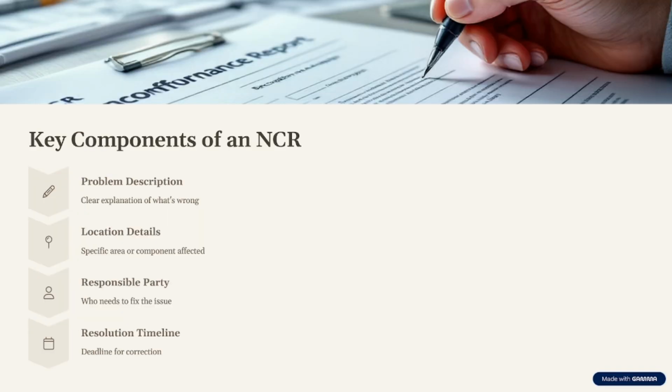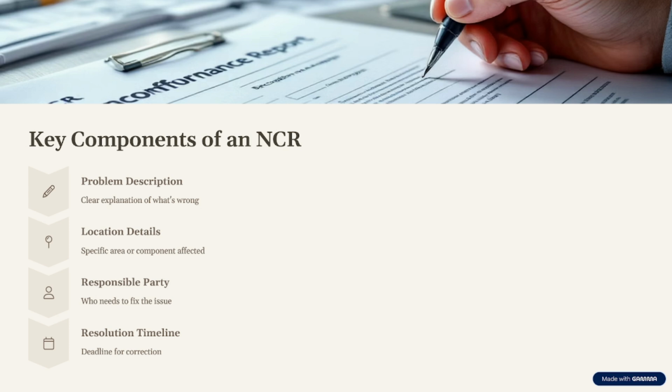The key components of an NCR. Problem description: a clear explanation of what is wrong. Whenever you have a format for the NCR, there are some basic things you need to include in that form. What is the problem you found during the inspection, where is the location, and who is responsible for it, whether mechanical engineer, electrical engineer, civil engineer, or architect.